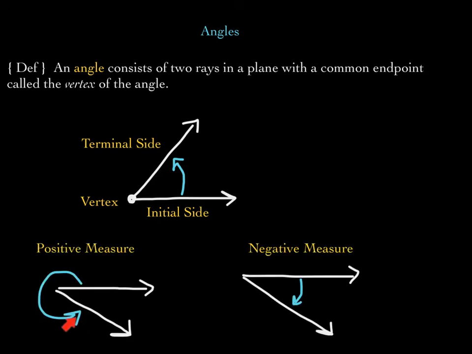So this angle would have positive measure because it's opening counterclockwise, and this angle has negative measure because it's opening clockwise. Please do notice that if this direction was not given, then we would not know how these angles are rotating or how they are opening. We would not know if I just gave you this angle here without the direction that it's opening, you and I would not know whether the angle has positive measure or negative measure.